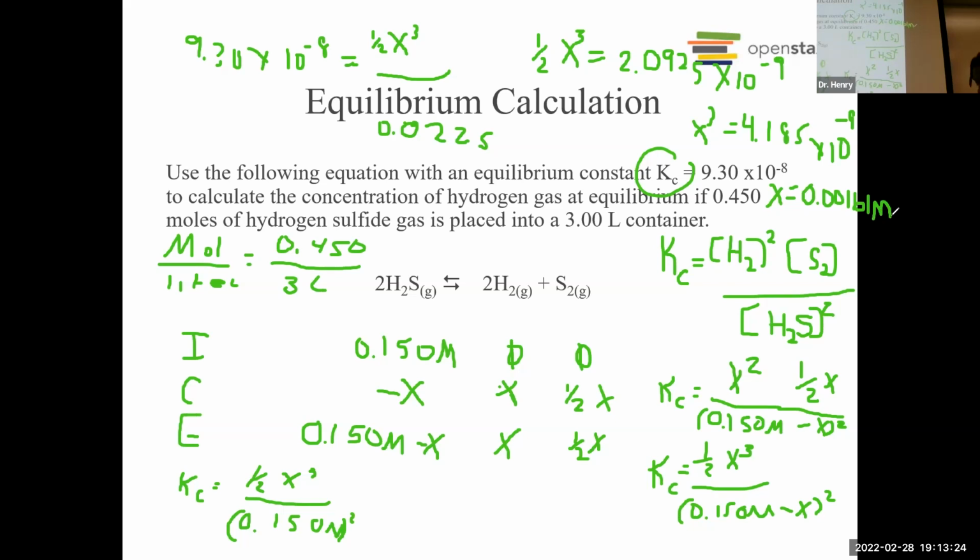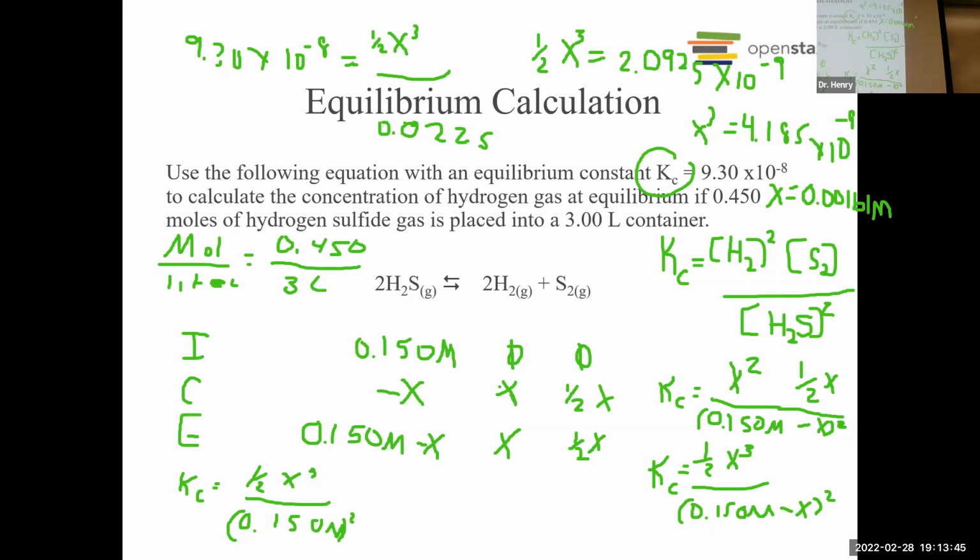So then we just check to make sure that falls within our 5% rule. Yes, it does. How do I check that?